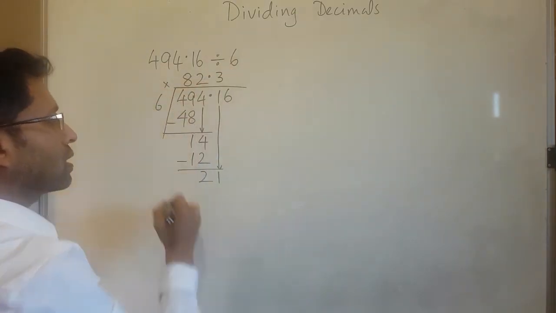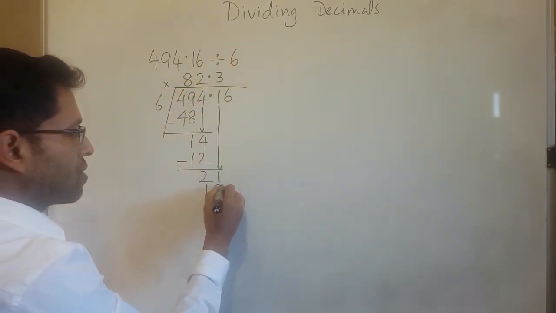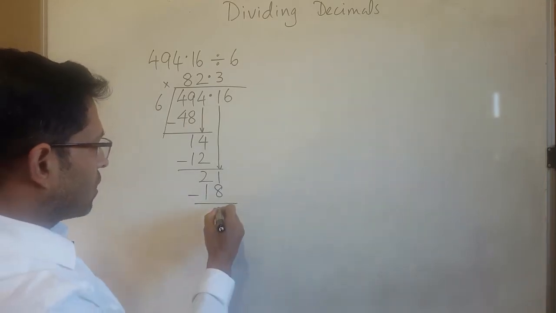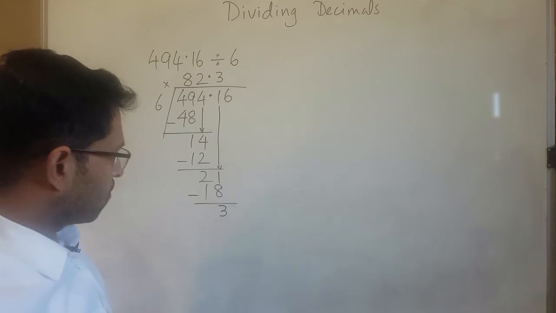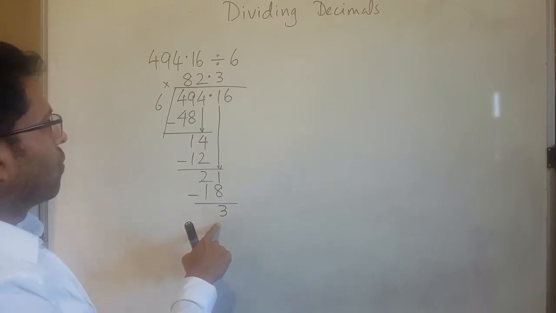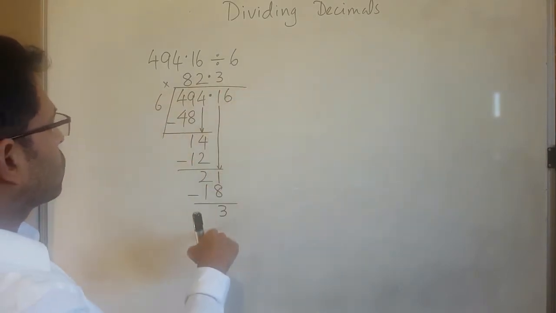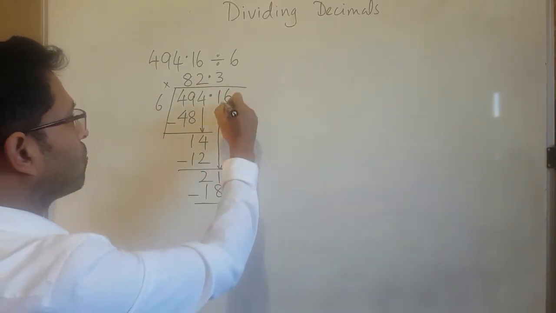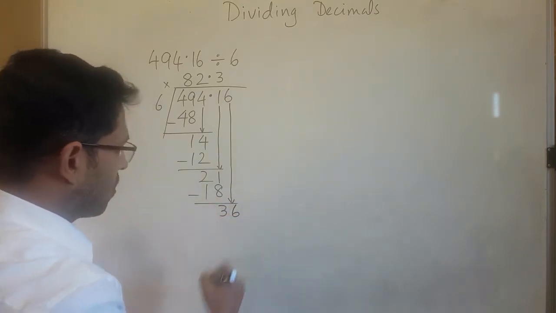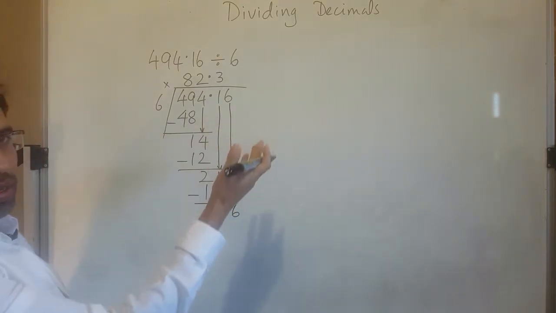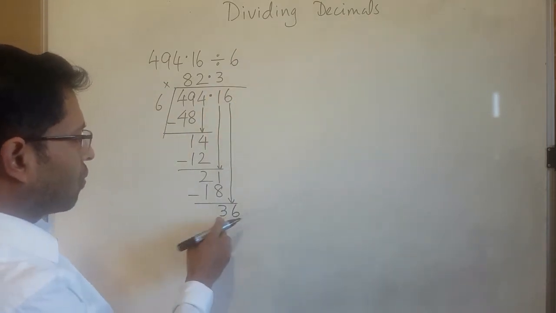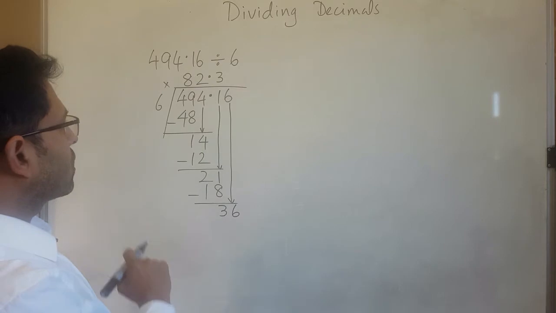3 times 6 is 18. Then if we subtract it, it gives us 3. We need to bring another number down because 3 is smaller than 6. So if you bring down the 6, it's 36, and again, we are always allowed to bring one extra digit down to make the number larger so that we can divide.